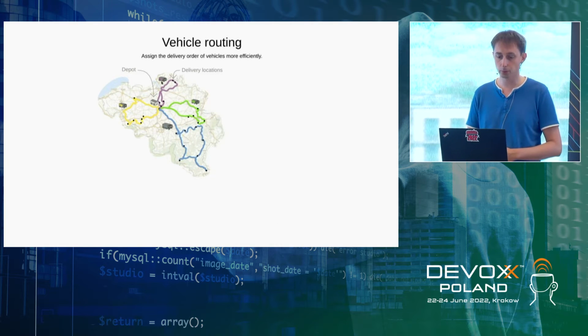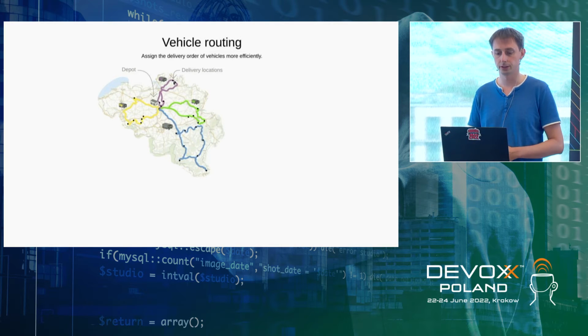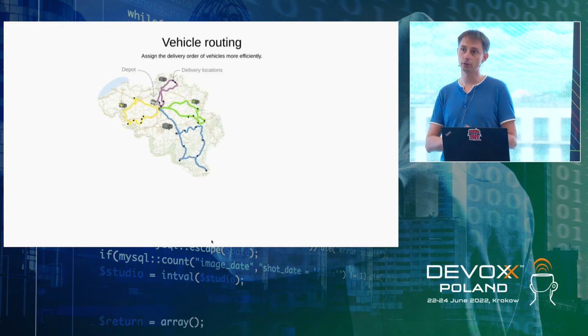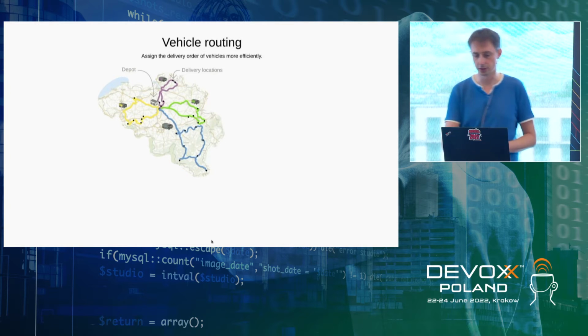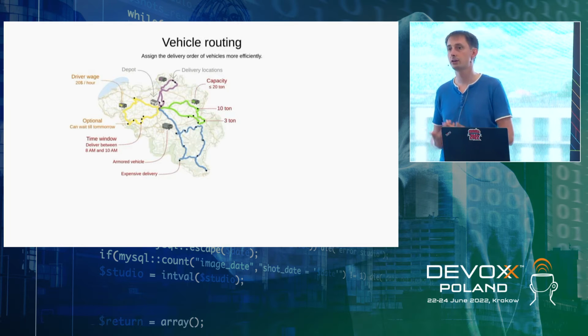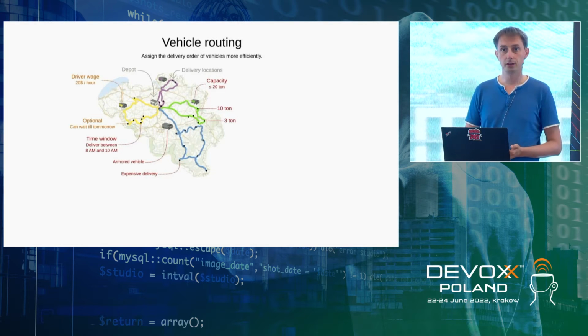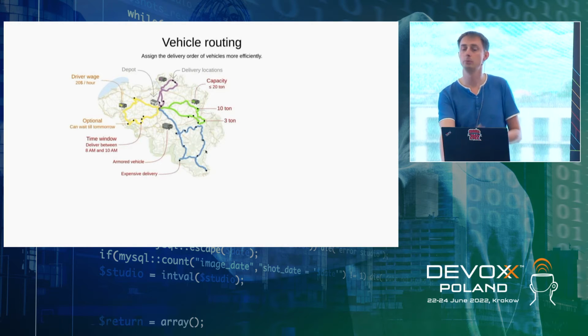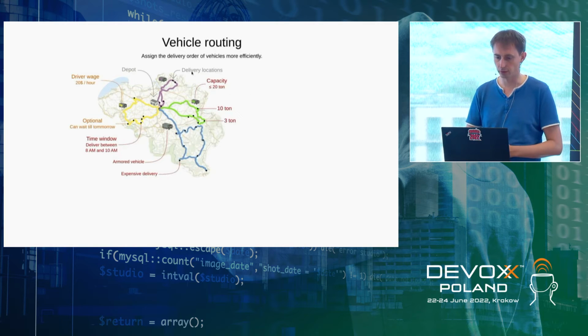The purple vehicle goes to these locations, and we need to decide which vehicle goes to which location, and also in which order. There are a number of hard constraints and soft constraints.